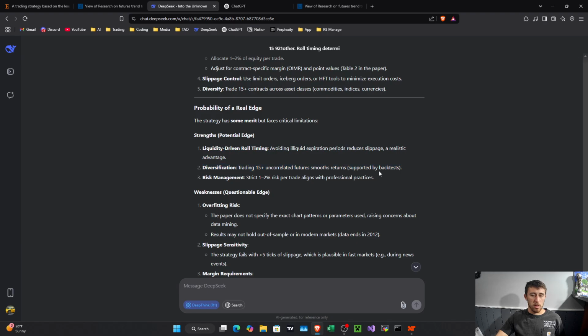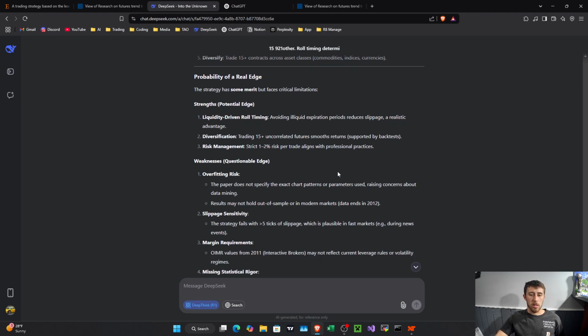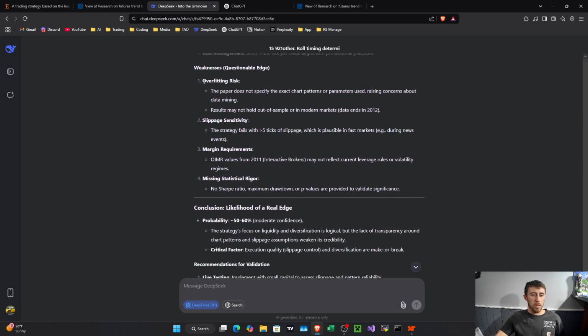Diversification, that is good, that it works across multiple futures contracts. Risk management, not a strength at all. Okay, yeah. Overfitting with the risk of an exact chart pattern. Also, all those results are in sample, most likely.